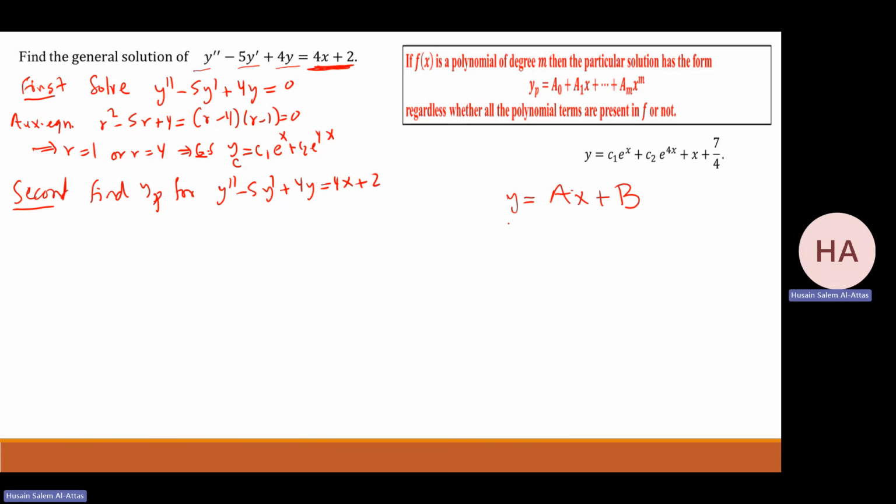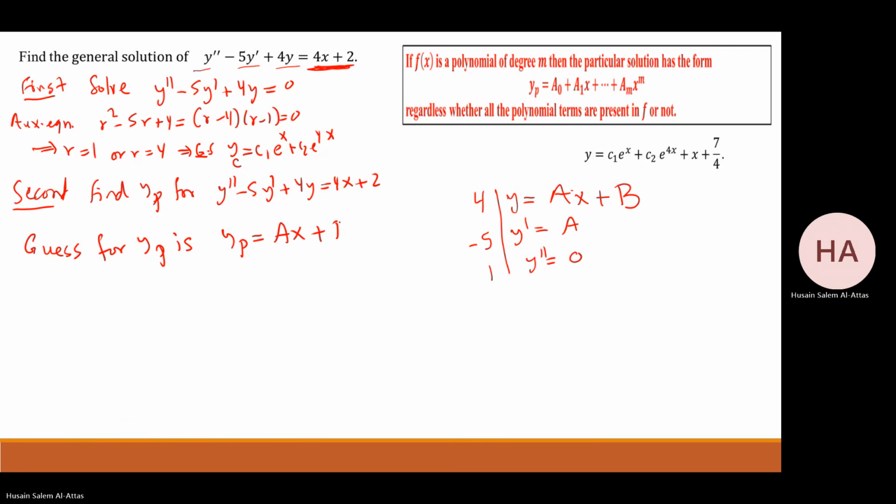Since y prime will be a, y double prime will be 0. So I need to multiply this by 1, this by minus 5, and this by 4. So my guess for yp is yp equals ax plus b.